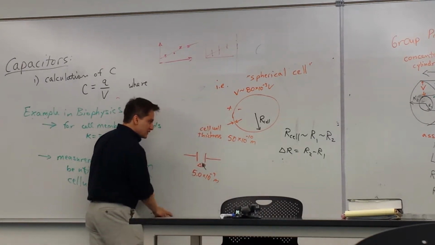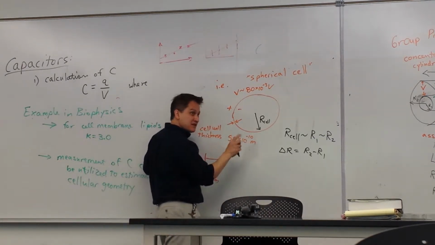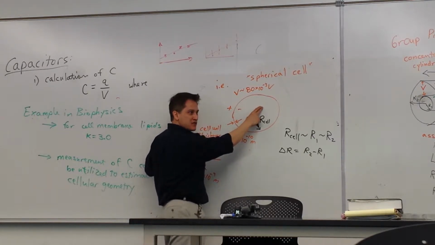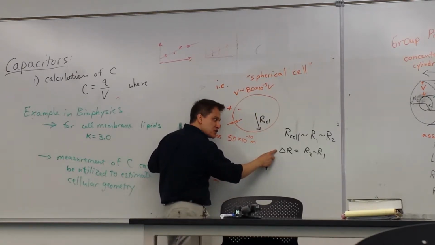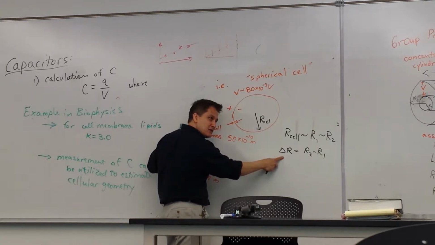Now, here's the thing about this. Cells are spherical. There's a whole section on spherical capacitors in chapter 25. But because this value is so small relative to the dimensions of the cell, the cell thickness, this is like a parallel plate capacitor.